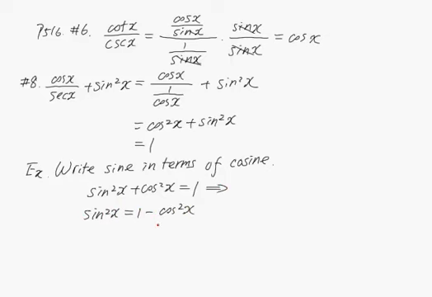cosine square x. Then we take the square root of both sides.